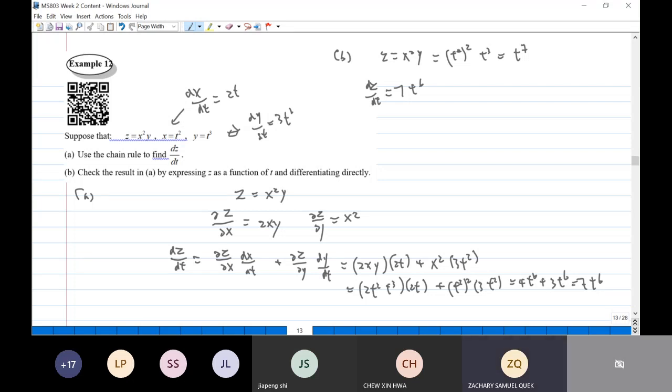Mr. Quack, can I ask a question? Yes. How do you get 7 plus 6 for dz/dt? Okay, let's look here. It is 7t^6, not 7 plus 6. Oh, okay, thank God. So this is 7t^6 now.